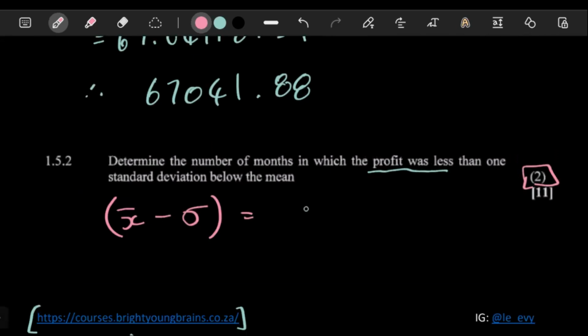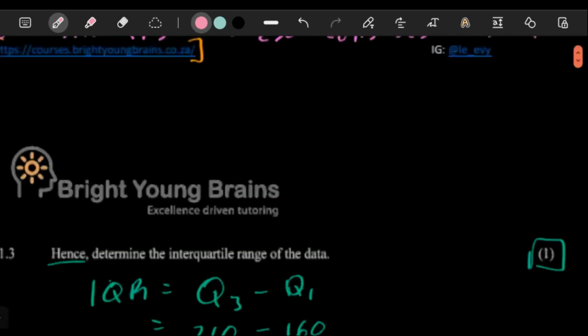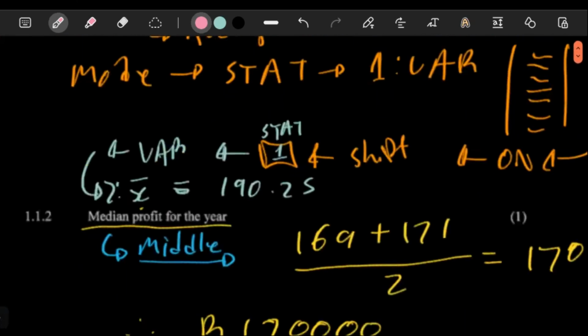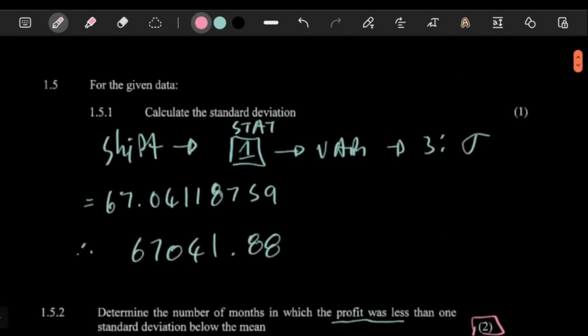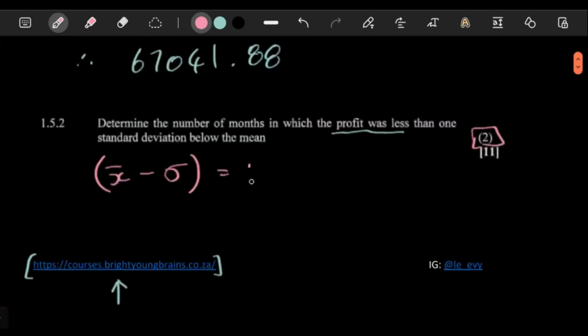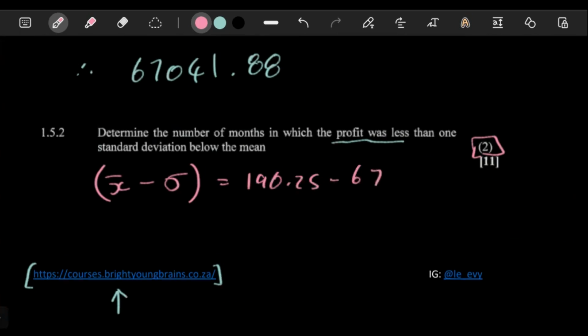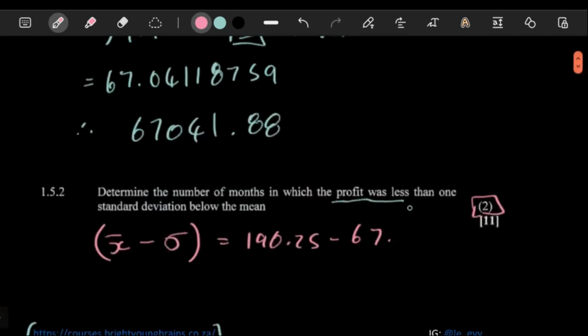So our mean, what was the mean again? 190.25. So the mean is 190.25, and then the standard deviation is like 67. This whole thing of not rounding off is annoying, but it's fine. So let's just get this number here.